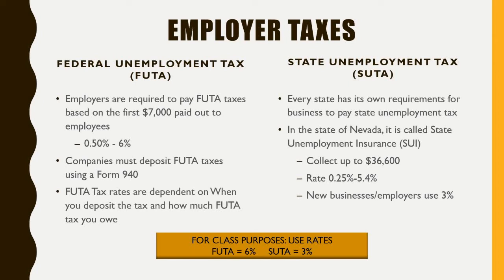So in this case, it really depends on the type of business that you are, how much tax money that you owe, because that's ultimately going to determine your tax rate. Okay, so the tax rate could be anywhere from 0.5%, or half of a percent, or it can go up to 6%.